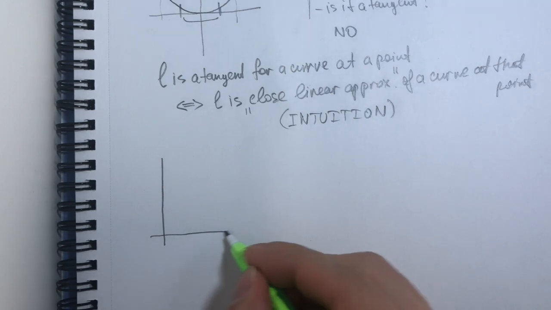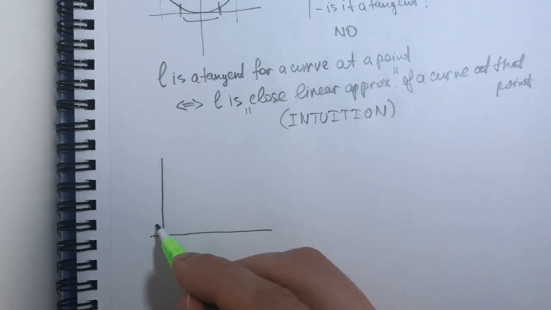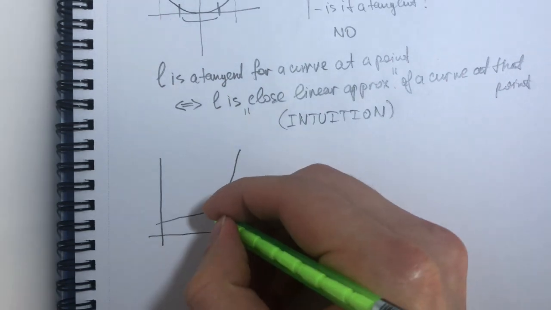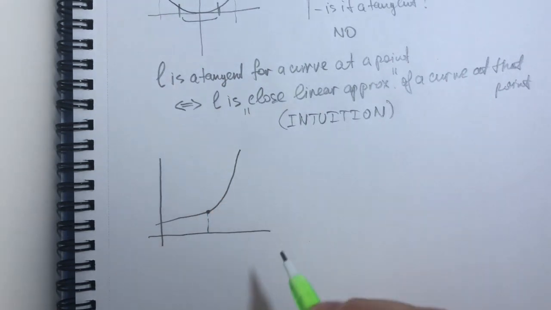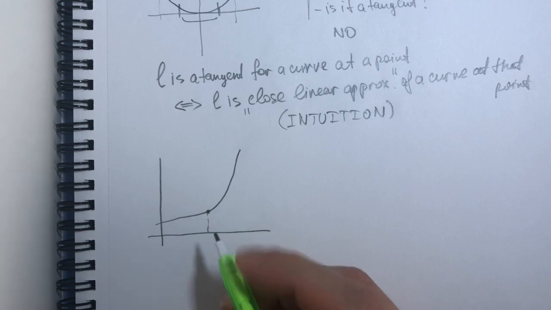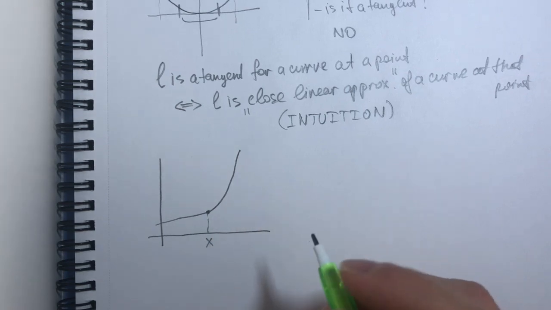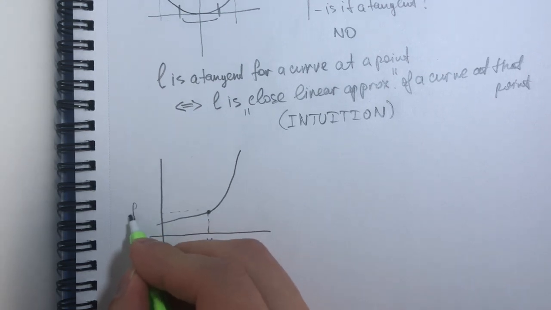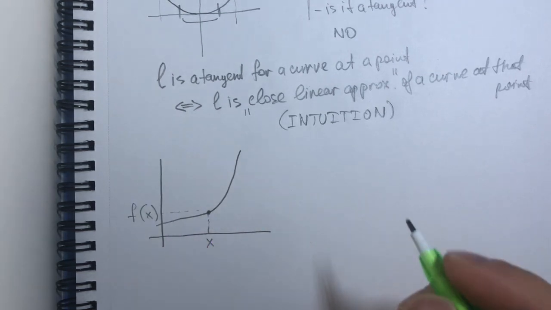Let me again have a function. Looks something like that, maybe. And I want to approximate it locally at a point x with my tangent. So at point x, this function has a value of f(x).